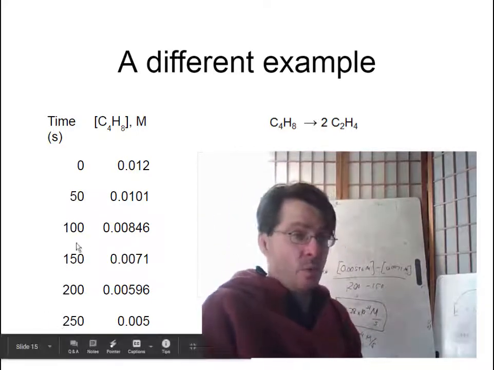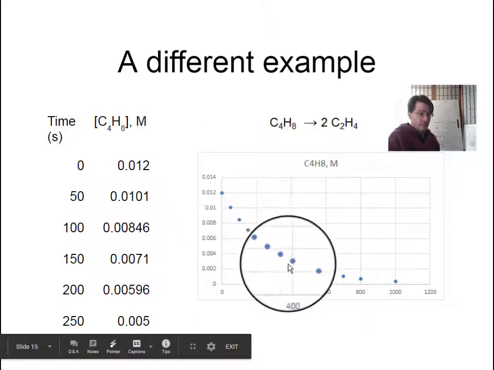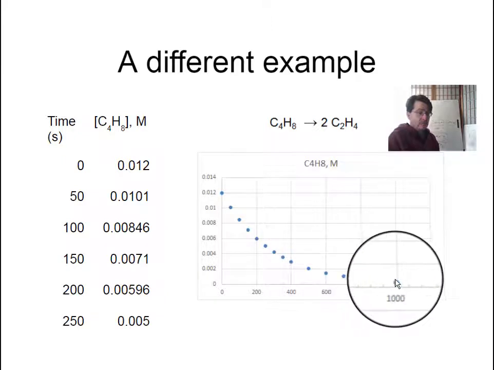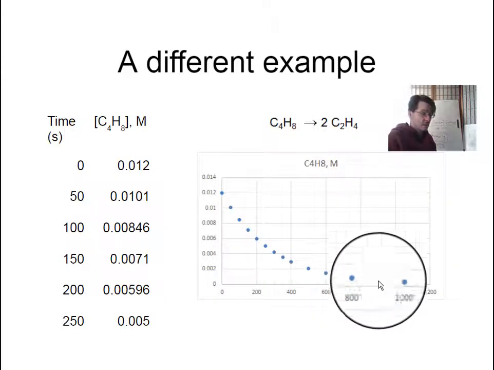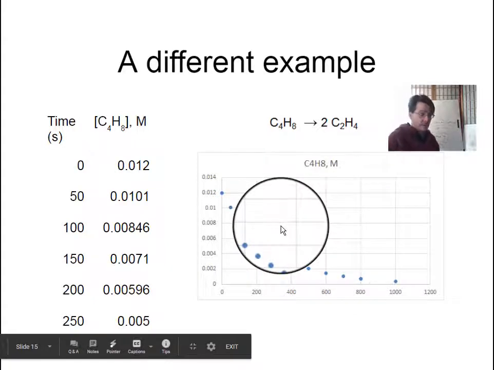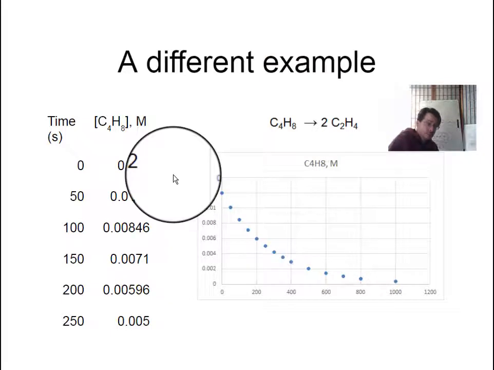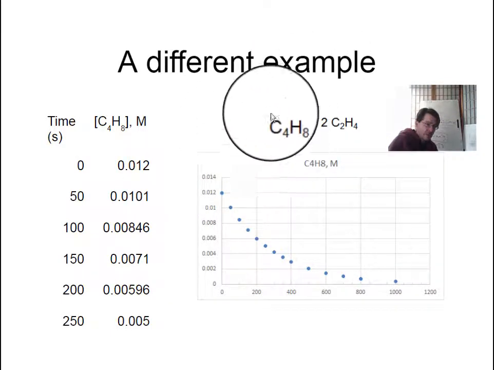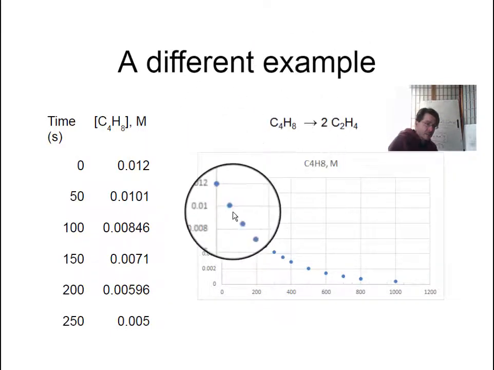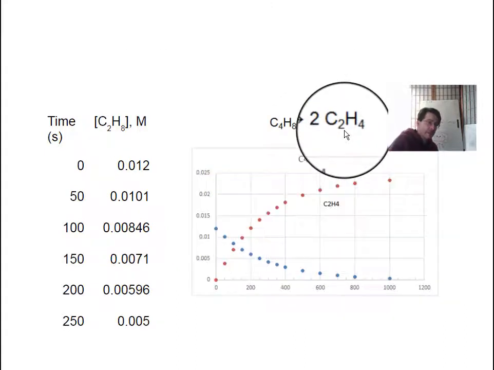Again, notice rates start high and then slowly decrease. The concentration consumed over a unit of time slowly decreases. And this is a very normal phenomenon for reactions. So, a little bit different. What if we looked, instead of at the starting material being consumed, at the amount of the C2H4 showing up?